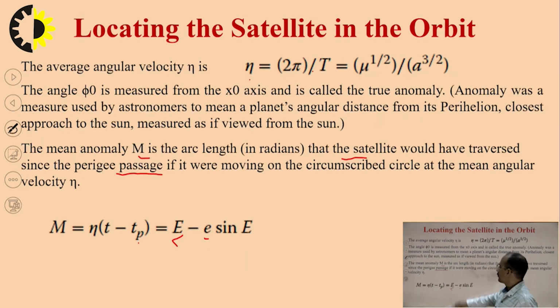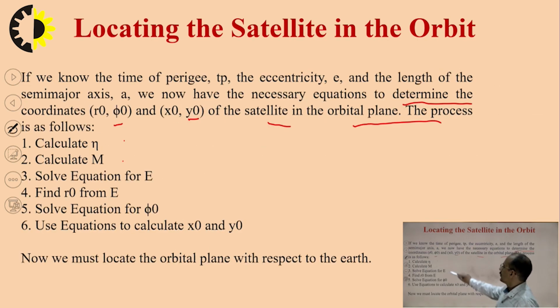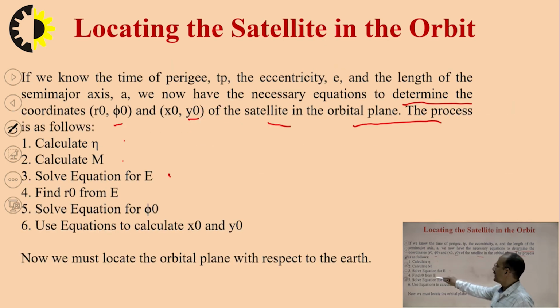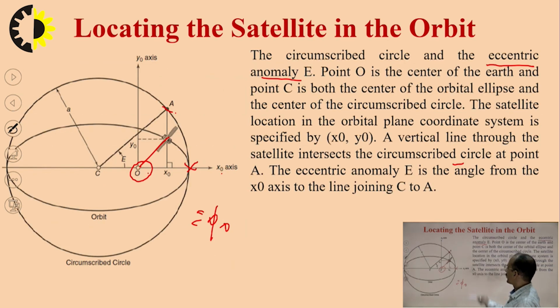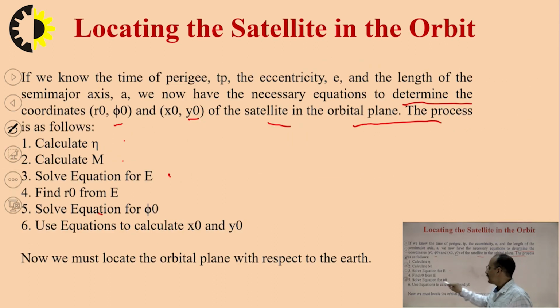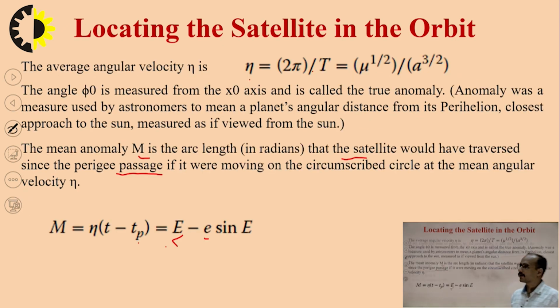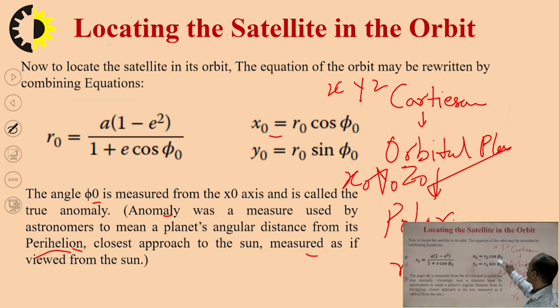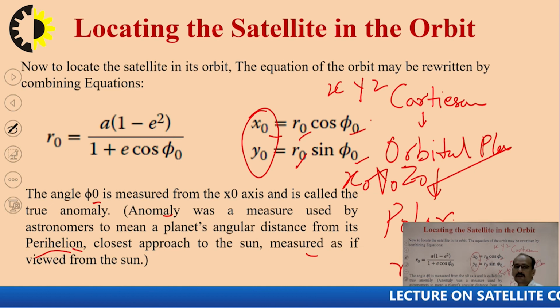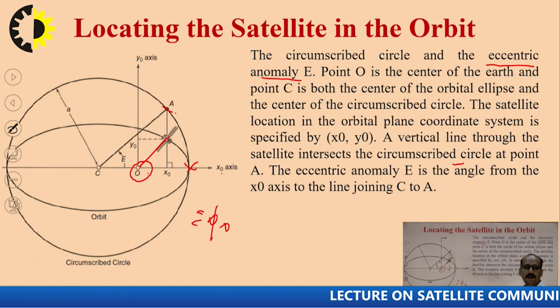Then find r0 from E. You can find all these by using these formulas. Then solve the equation for phi naught and use the equations to calculate x naught and y naught from this starting point. You have these values theta naught, phi naught, r naught, so you can easily find x naught and y naught. So you can locate all these points.